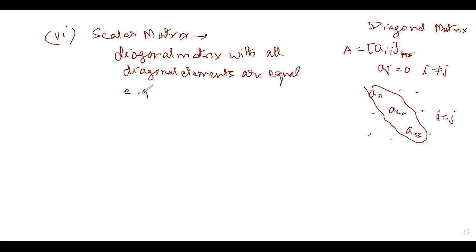For example, if different elements are different, then it is a diagonal matrix. If all elements are equal, for example, 2 0 0, 0 2 0, 0 0 2, so all diagonal elements are equal, then it is a scalar matrix. Okay.